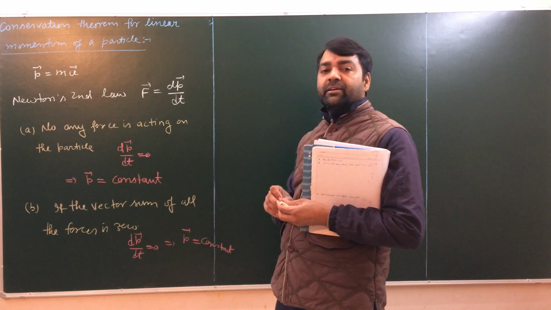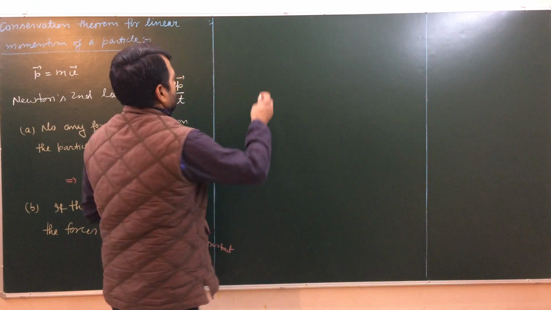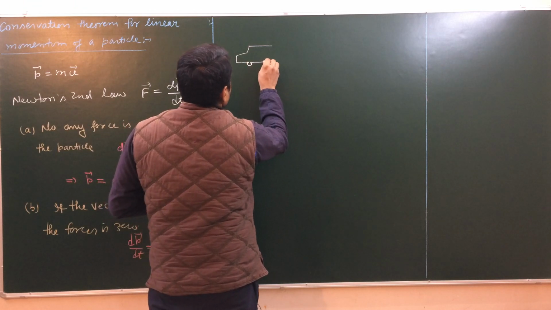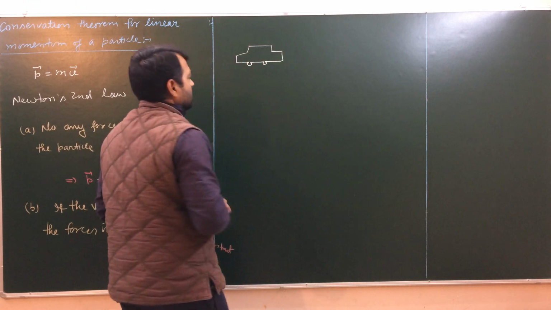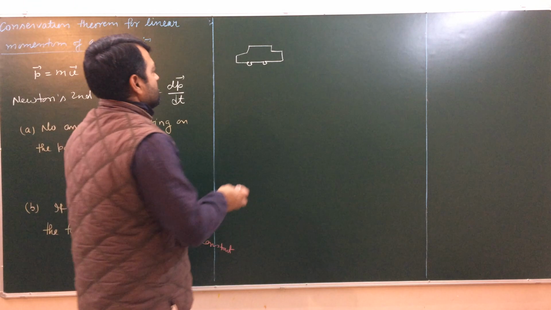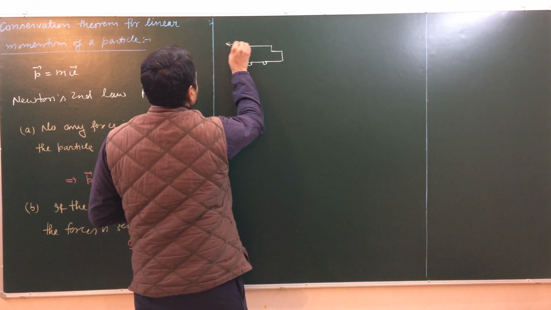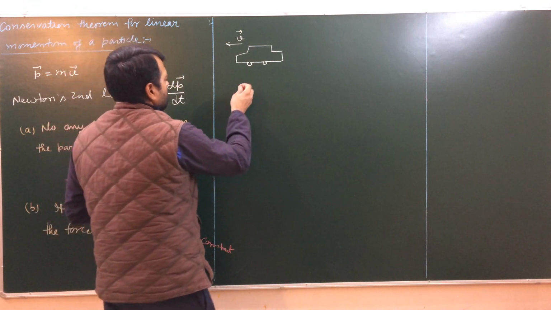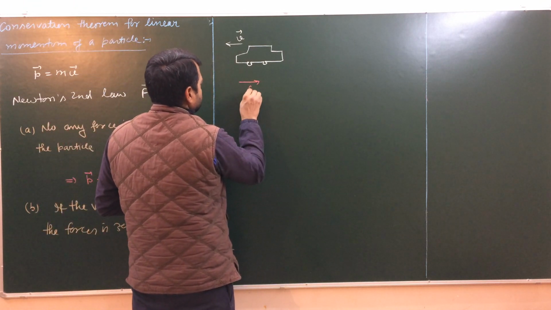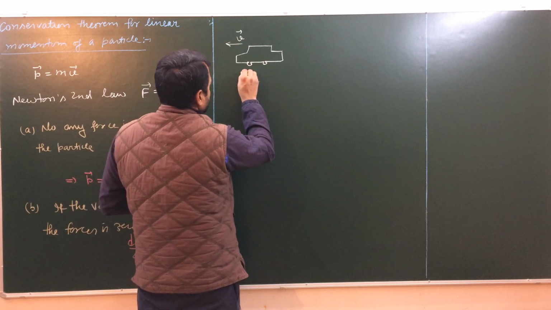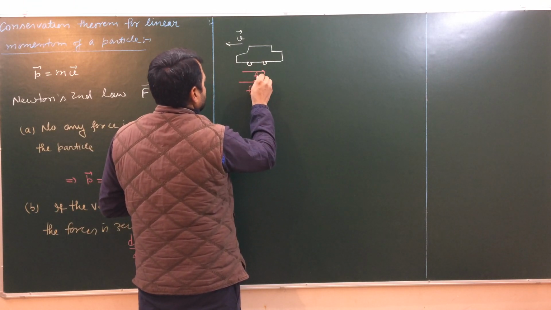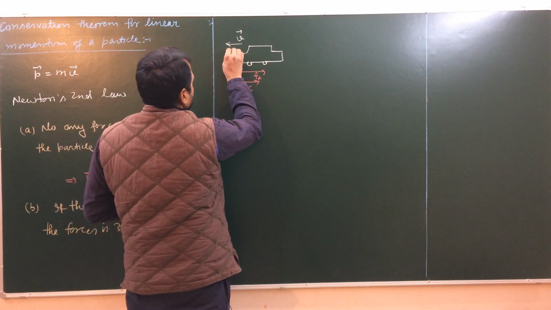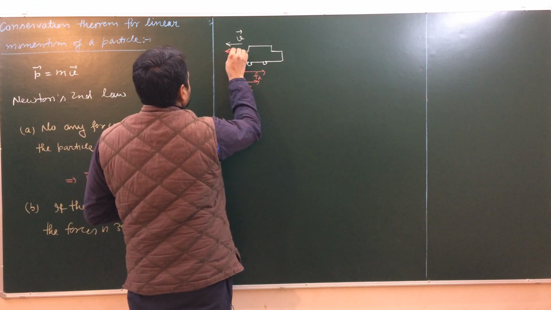For example, student, we have a car. When the car is moving, various forces are acting on it. Say this car is moving in this direction, the direction of velocity. Then the force of friction is there, drag force due to air is there, and a forward thrust or forward force is also there.